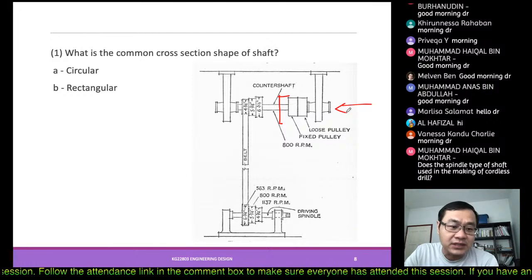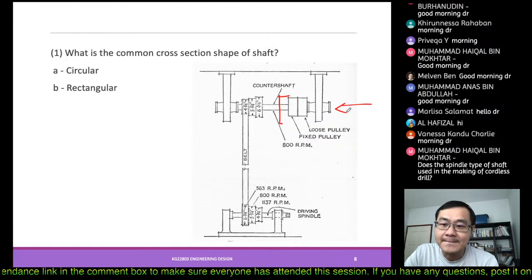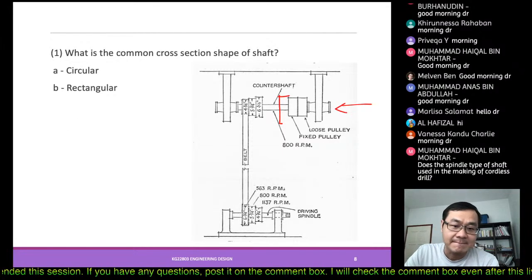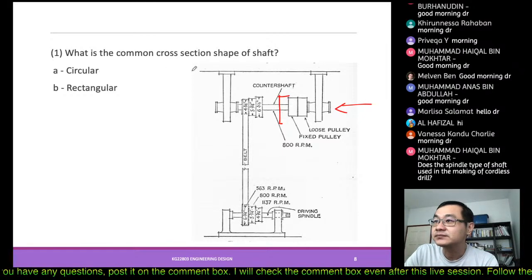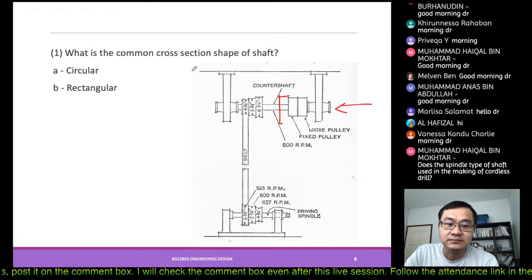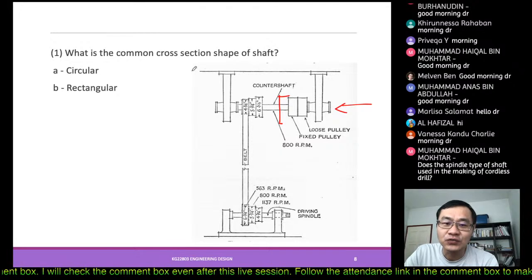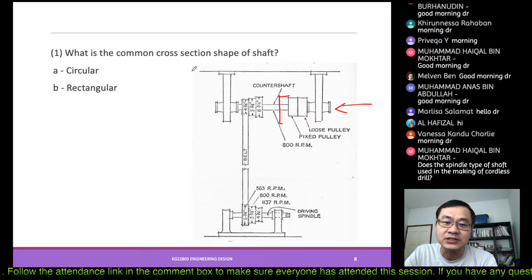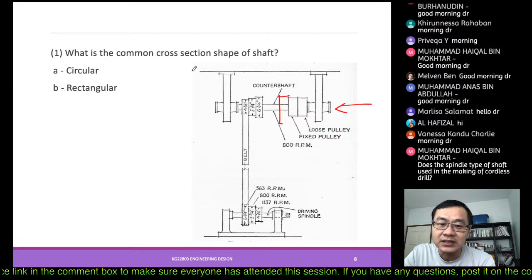You may put your answer in the chat box. Any ideas, from the shafts you have seen in your life? What is the common shape you can see? Circular or rectangular? A or B?